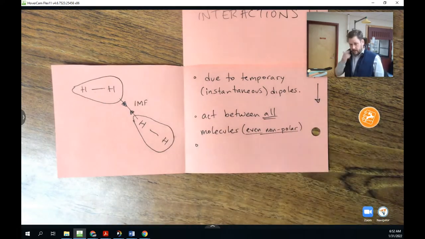And finally, we want to make a note that larger molecules, which have larger electron clouds, are more polarizable and therefore lead to stronger London dispersion forces.